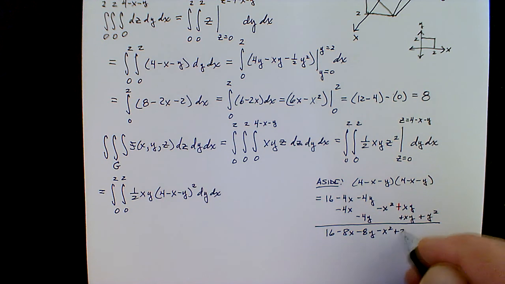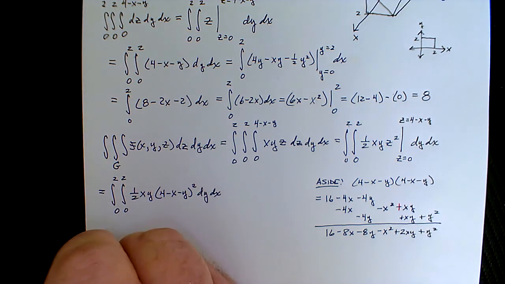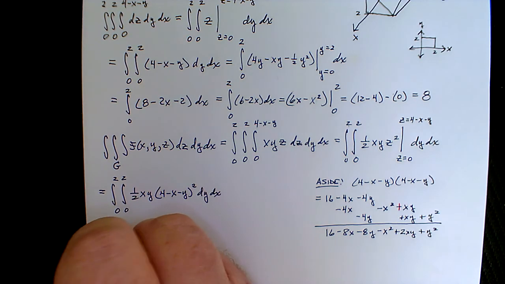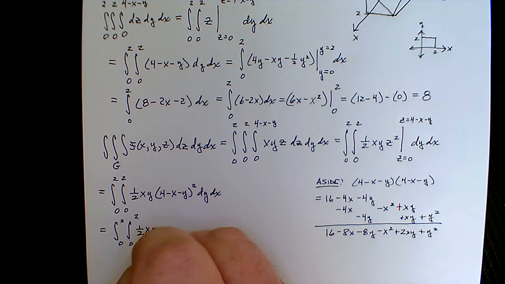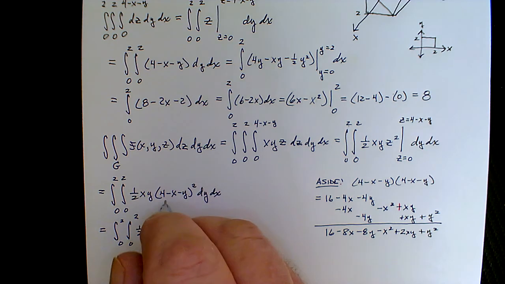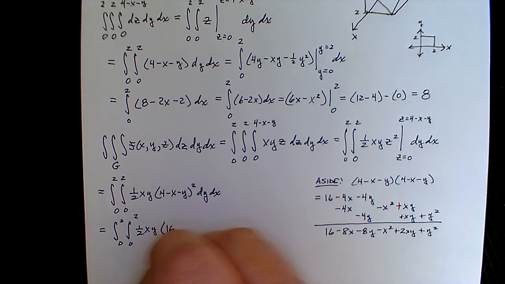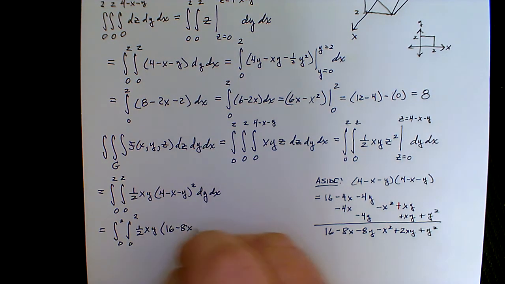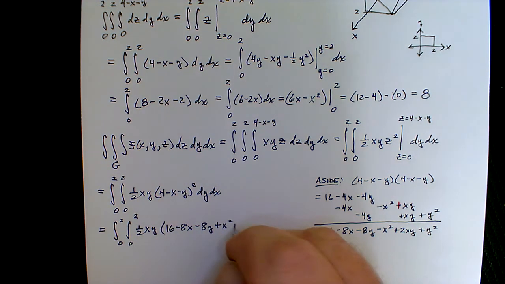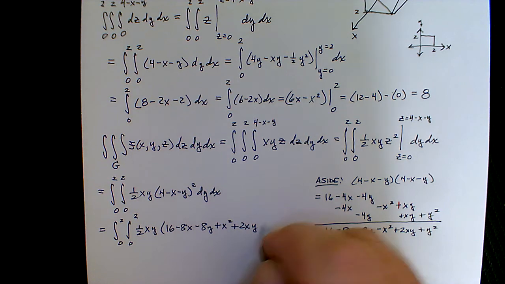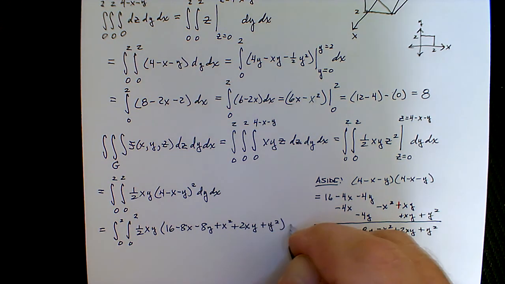All that stuff replaces the 4 minus x minus y that's being squared. So 16 minus 8x minus 8y plus x squared plus 2xy plus y squared. And that's all finally going to be with respect to x.